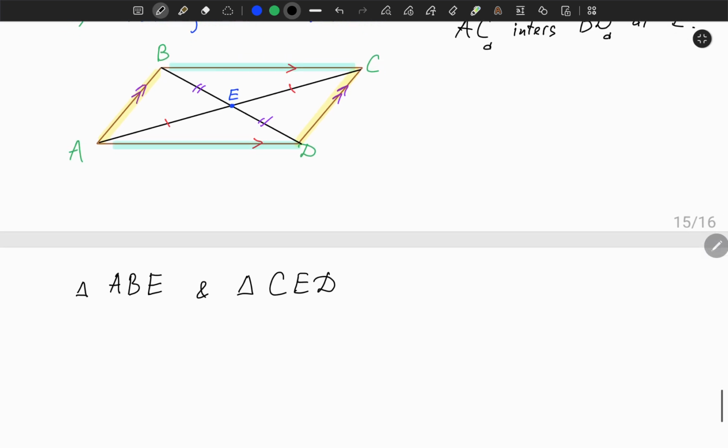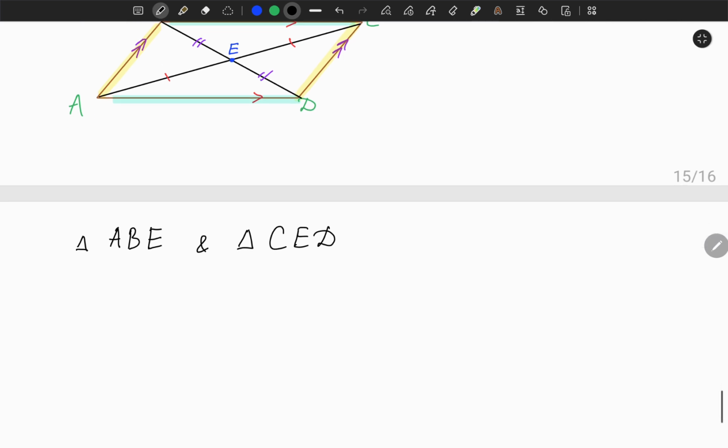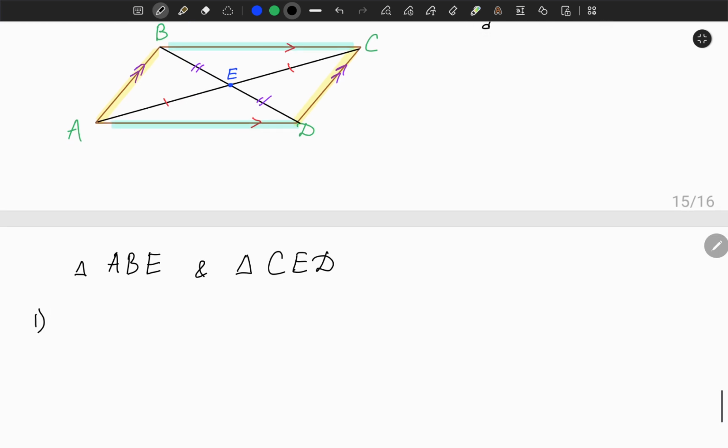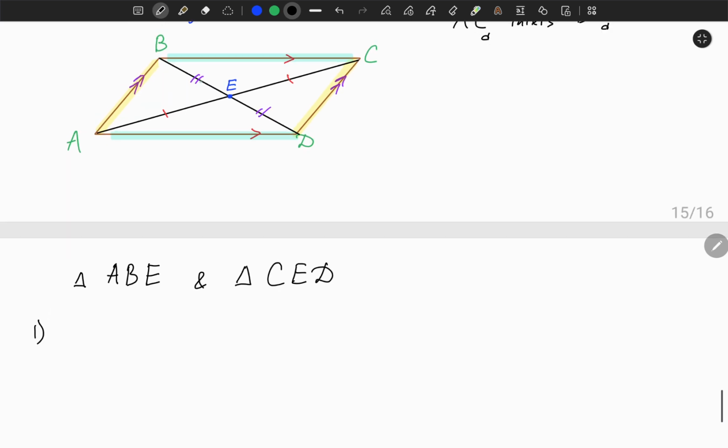Now, what I know is that this angle is the same as that angle, first by vertical angles. First, let's choose AEB. So angle AEB is congruent to angle DEC. So we start from here.